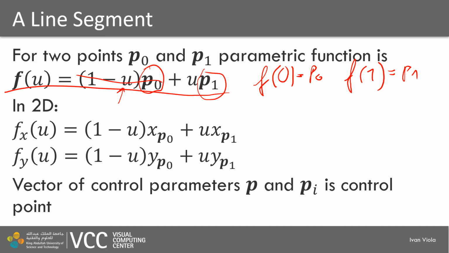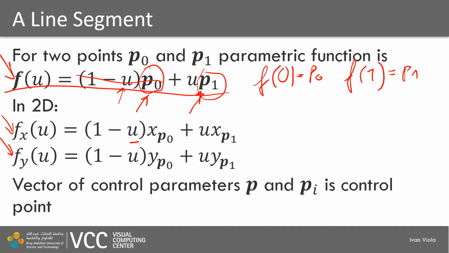And please keep in mind that this is a vector valued function, as are the points here, these are having several components. For example, in 2 dimensions, they will have 2 components. So while we will not be talking about that explicitly, keep in mind that we are dealing with several components independently.